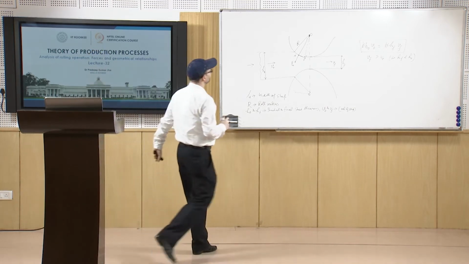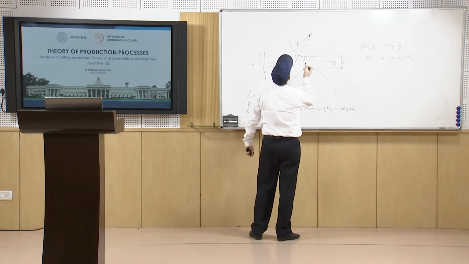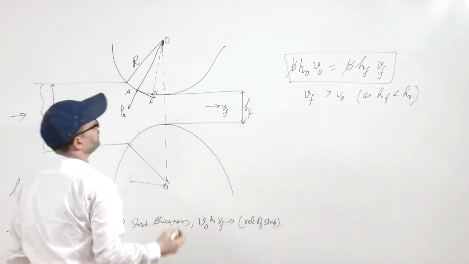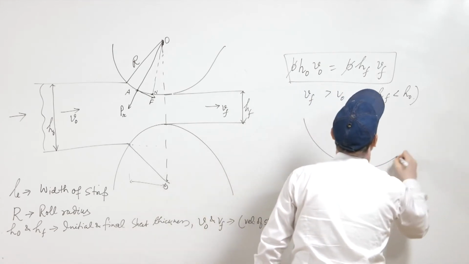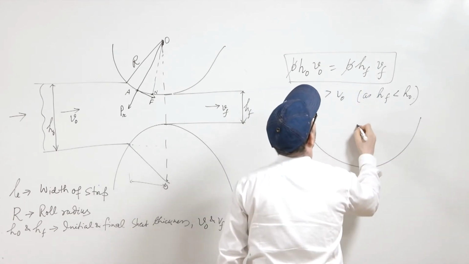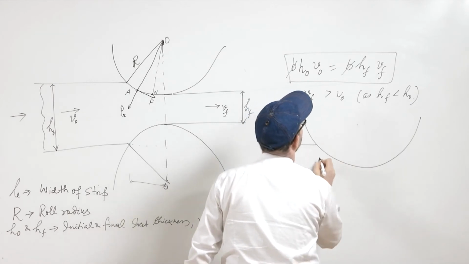Suppose you want to find the roll contact area.